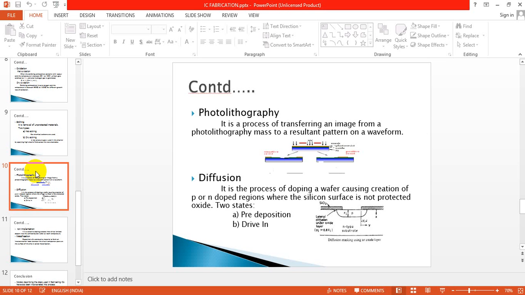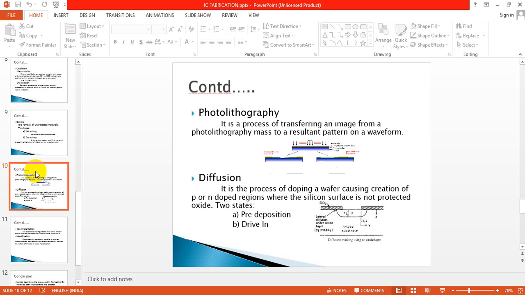A photoresist, positive or negative, is placed over the substrate. Photolithography is a fundamental part of every step in the IC fabrication process, whether for implantation, doping, epitaxial layer formation, or any other surface. The fifth step is diffusion.